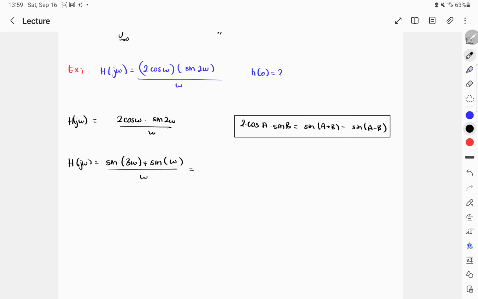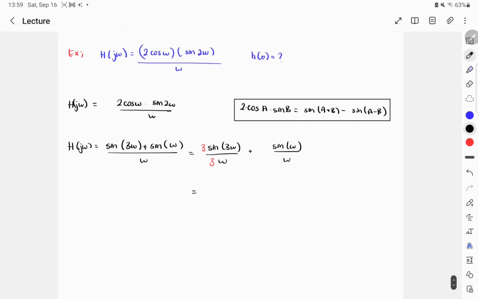And then we can just split these up: sine 3 omega over omega plus sine omega over omega. And then we can multiply it by 3 and divide it by 3. And then what do we have here? This part over here will be sample 3 omega, and here we have sample omega, and then we have 3 sample 3 omega plus sample omega. This is the Fourier transform.